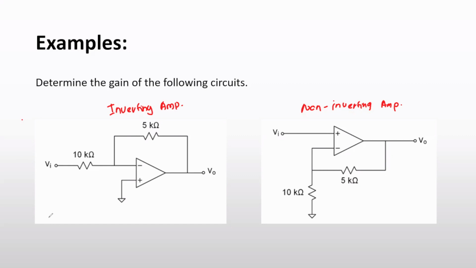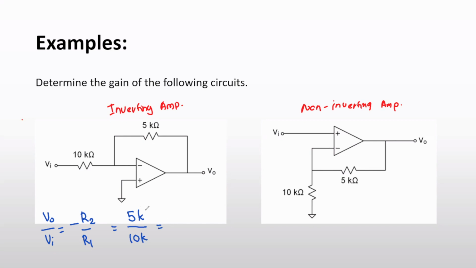In the inverting amplifier, the gain V out over V in is minus R2 over R1. So therefore you have to identify R2, which is the RF. This is 5 kilo ohm, and the R1 is 10 kilo ohm.